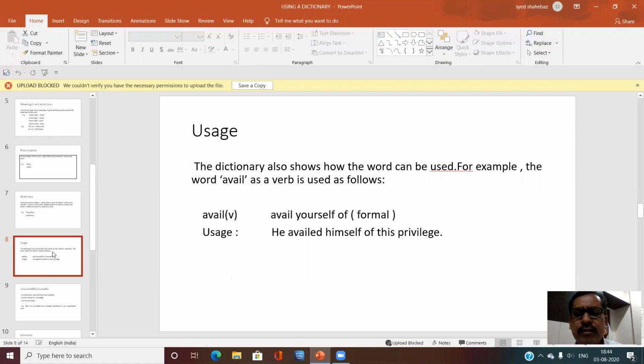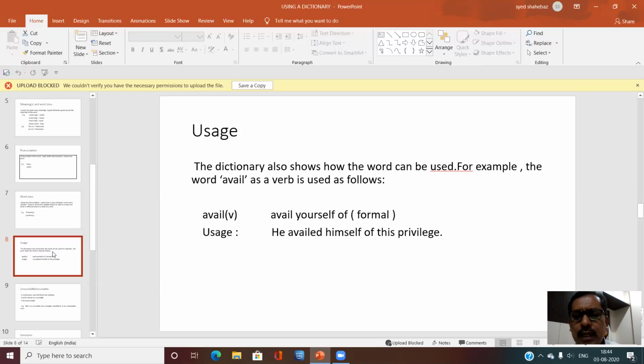For example, he availed himself of this privilege. Himself is a reflexive pronoun. After the word avail, we have to use a reflexive pronoun. For example, the same sentence: I availed myself of this privilege. She availed herself of this privilege.